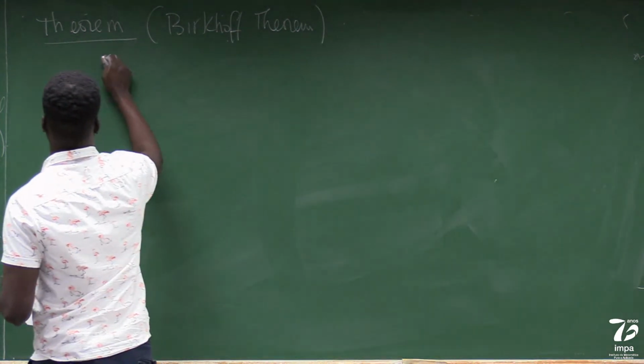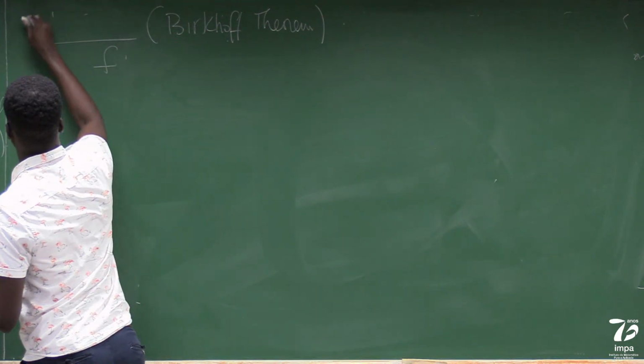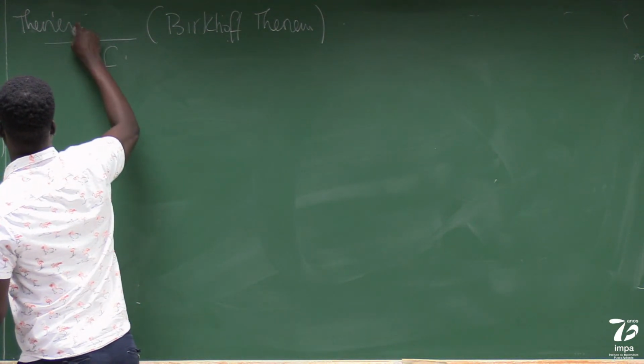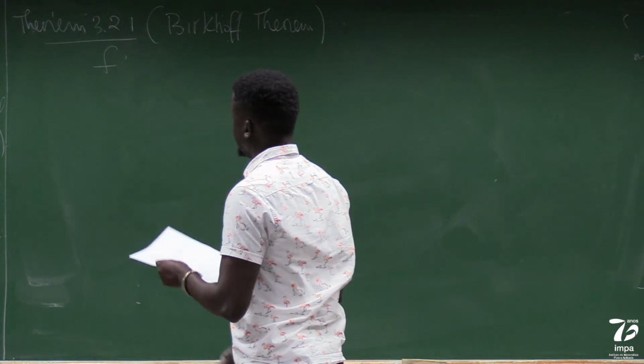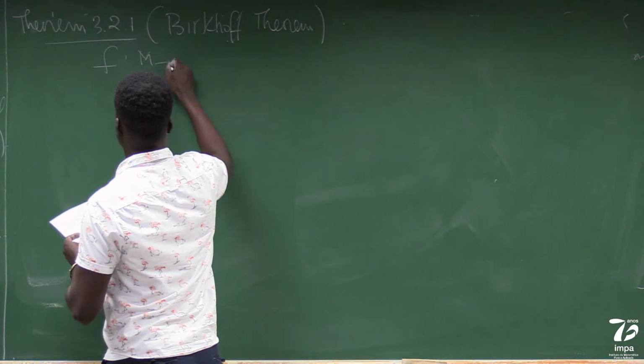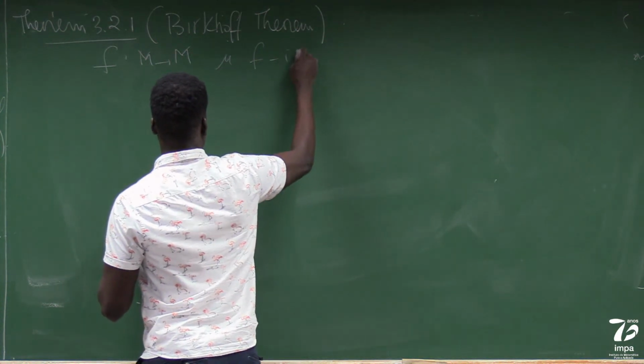So it tells you that, if you're following the book, this is theorem 3.2.1 in the book. F from M to M and mu F invariant.